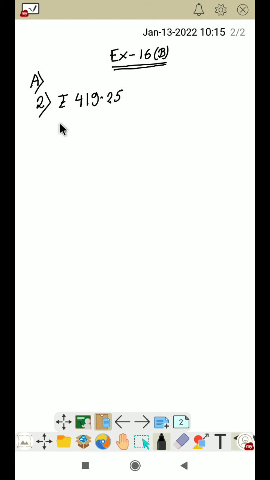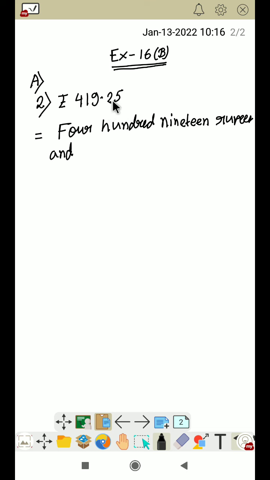So how to read this? You have to read it this way: 419 rupees, and after the point, that is paise, so that will be 25 paise.